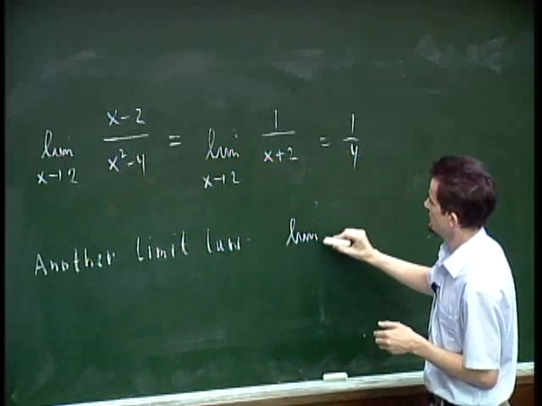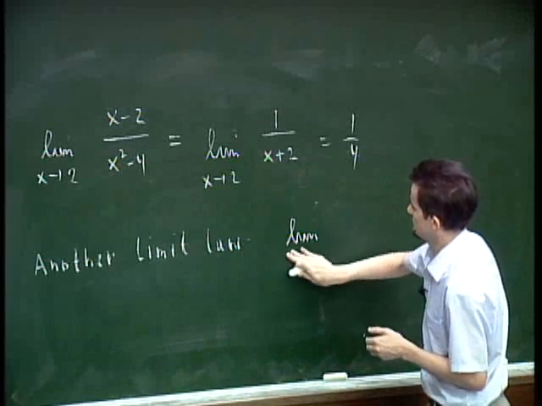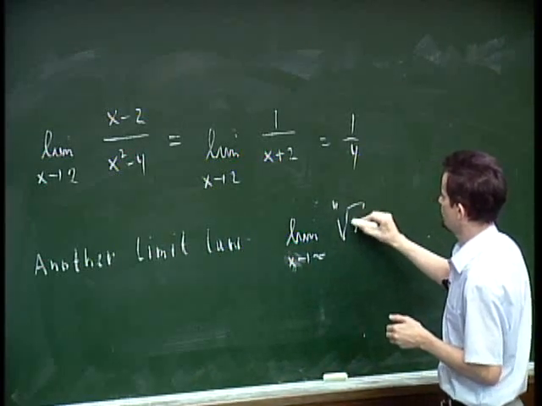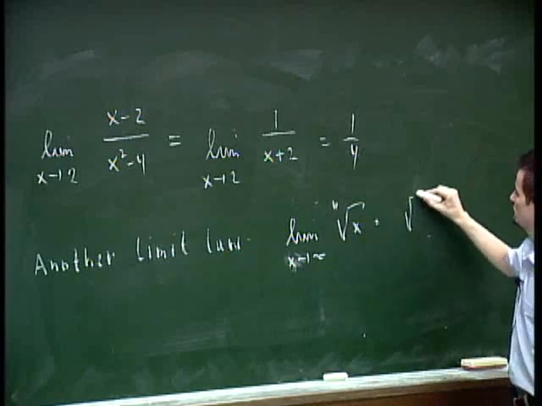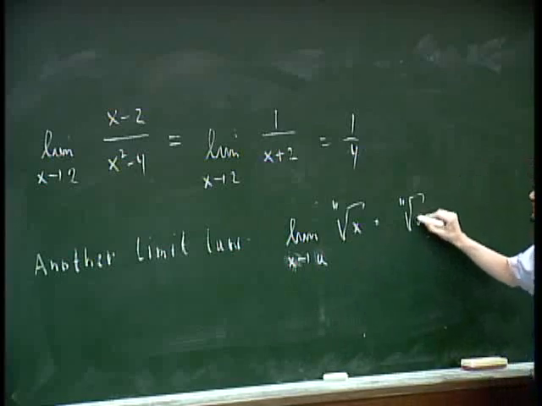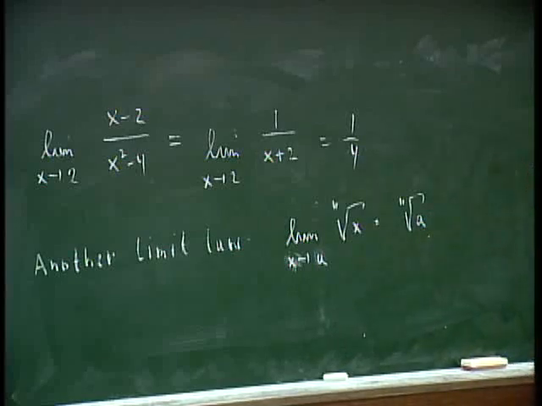The limit as x tends to a of the nth root of x is equal to the nth root of a. Of course, if n is even, a must be larger than 0.